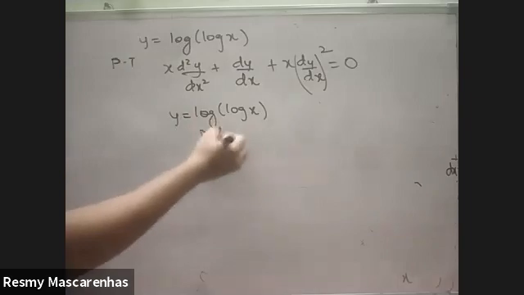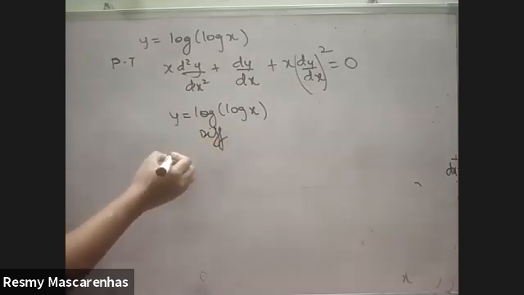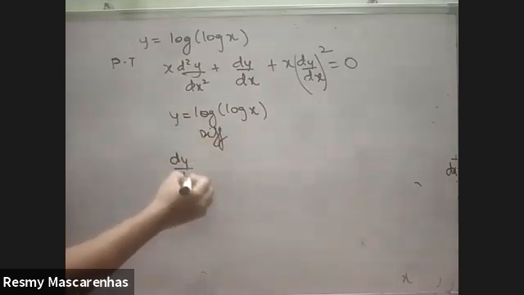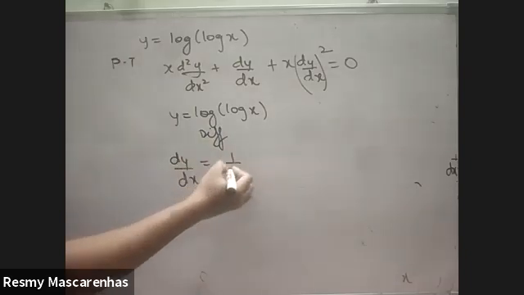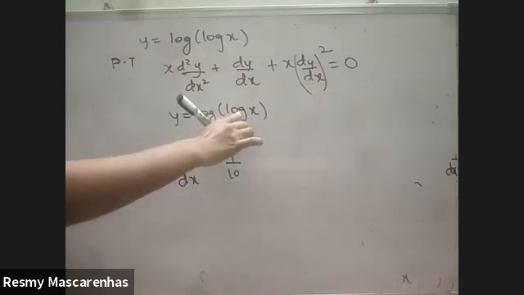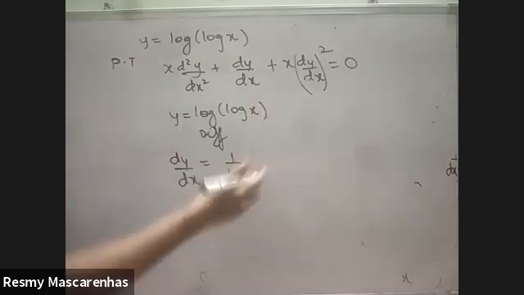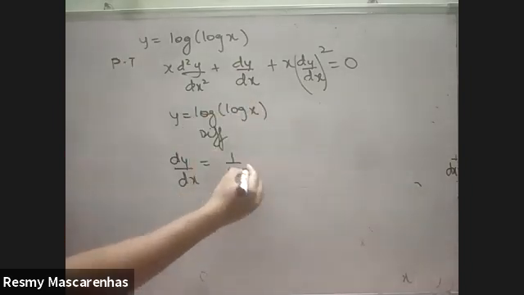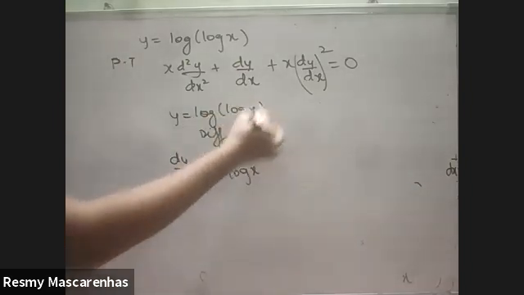When you differentiate, log of this is like x. So log of something is 1 upon that into extra derivative of this.